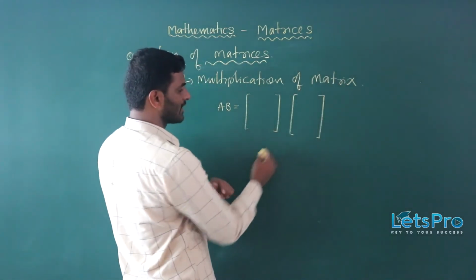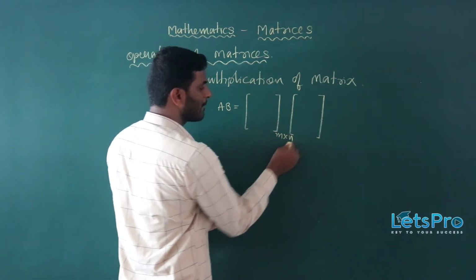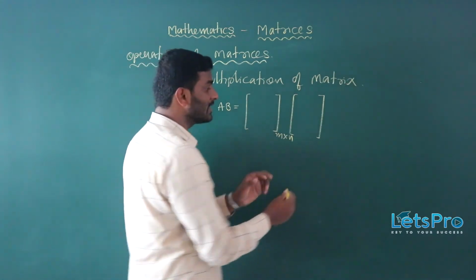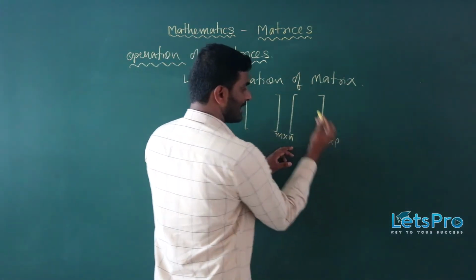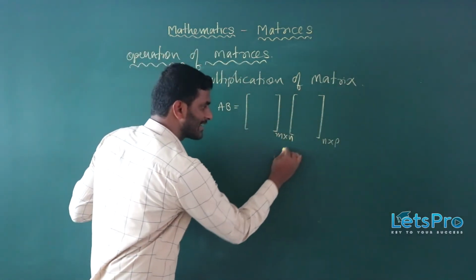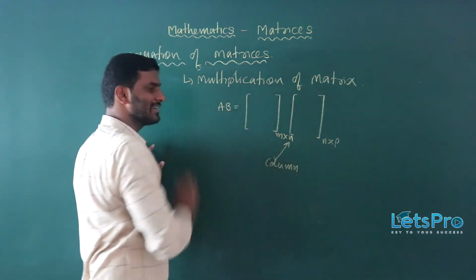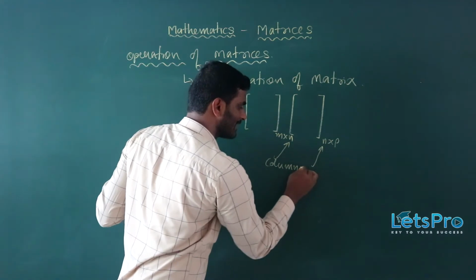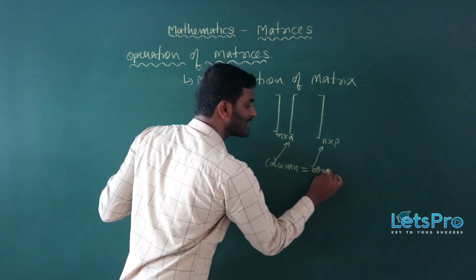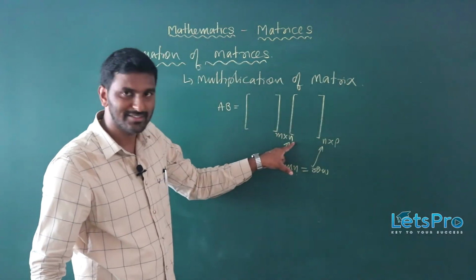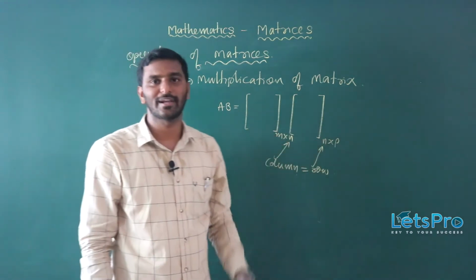If the A matrix order is M cross N, the B matrix order should be N cross P. That means the column of the first matrix must equal the row of the second matrix. Let me repeat: the column of the first matrix is equal to the row of the second matrix.